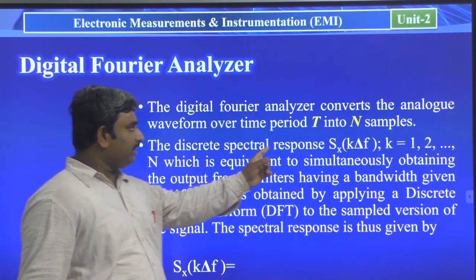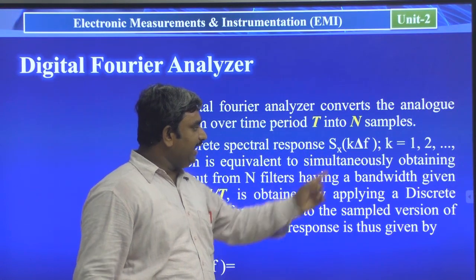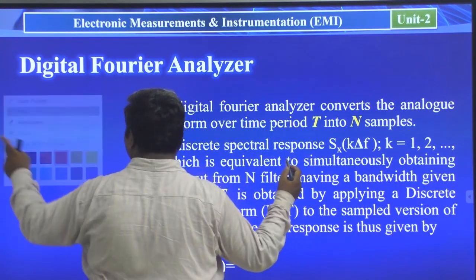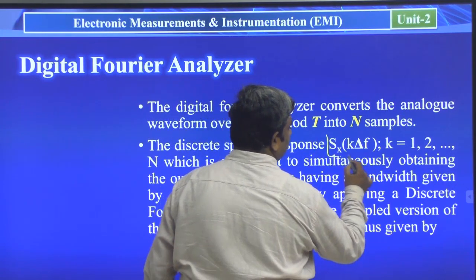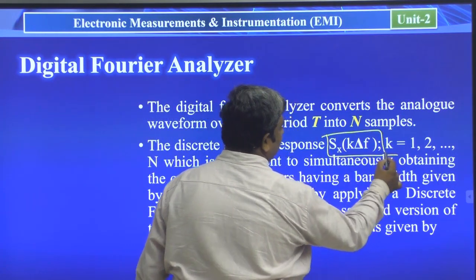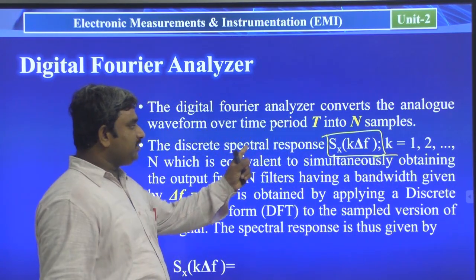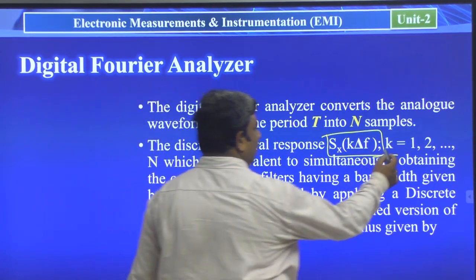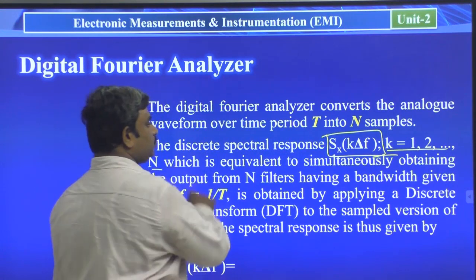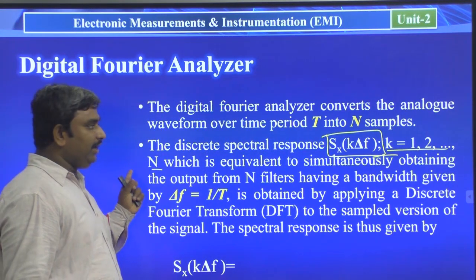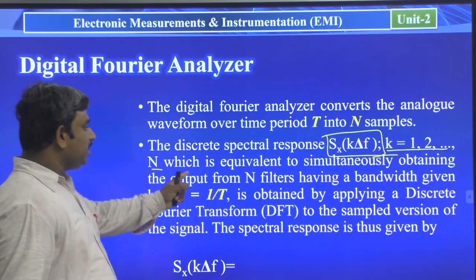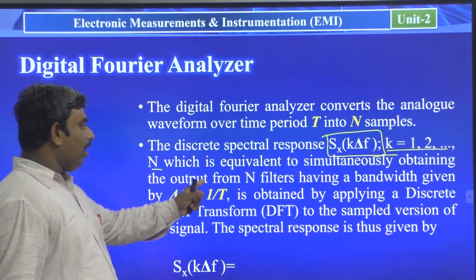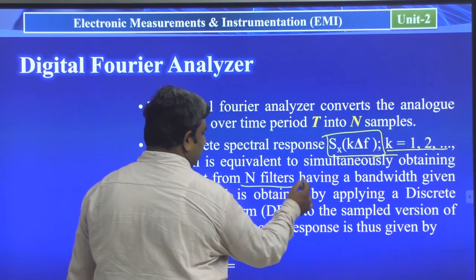The discrete spectral response Sx of kΔf, where k is equal to 1 to capital N, n being the number of samples, is equivalent to simultaneously obtaining the output from n filters.